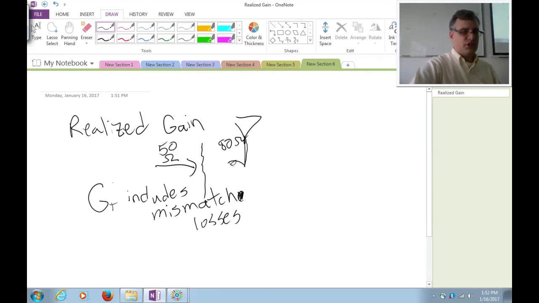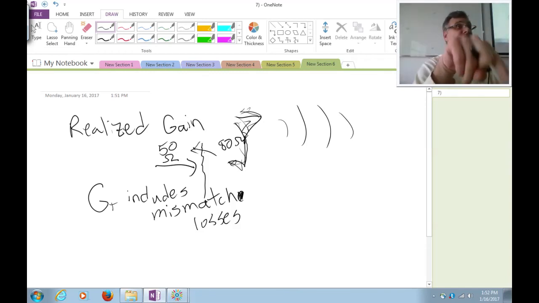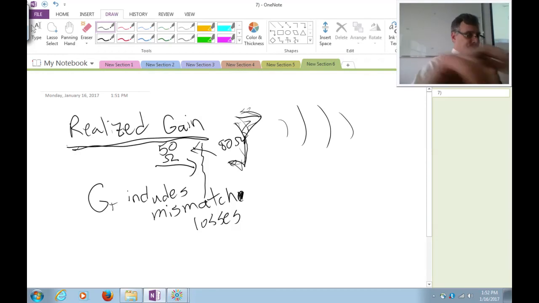Well, in this case, G sub T would have the directivity, any of the ohmic losses and dielectric losses and inefficiencies in radiation, and then they will have included what we defined as the mismatch loss factor last week into their gain. That should be called realized gain, but most people never actually call it that. They just call it gain on a specification sheet.